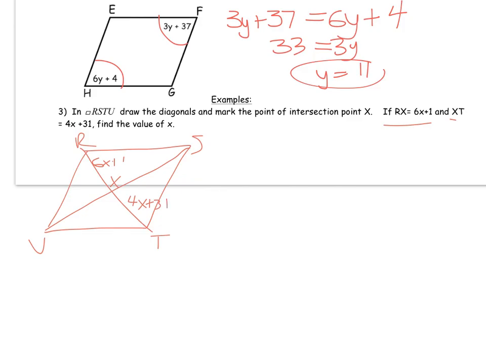So we know diagonals of a parallelogram bisect each other, so they are equal. 6x plus 1 equals 4x plus 31. Go ahead and solve. I subtracted 4x, and then I subtracted 1, and I got x equals 15.